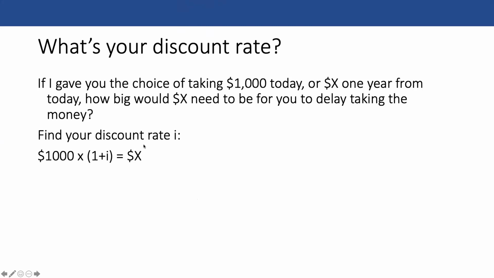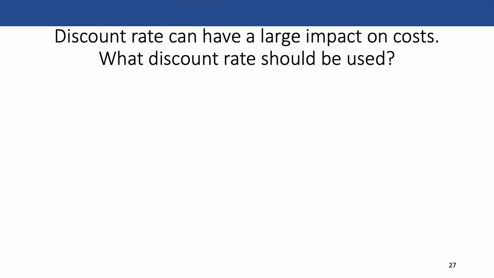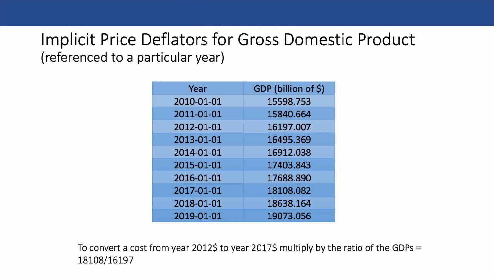Okay, so I see a question about the GDP table. This table is just demonstrating one example of how you would be able to convert from current dollars into constant dollars.